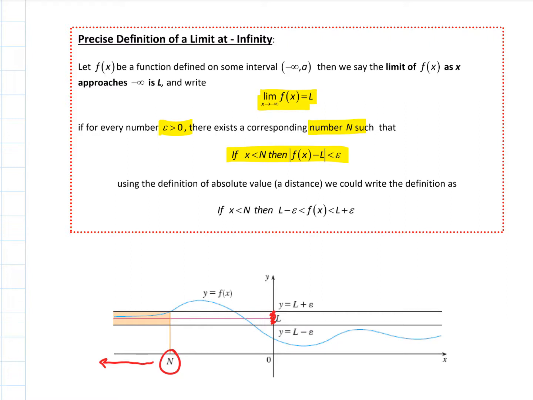If you shrink epsilon down, that simply means you're going to probably push n further out so that this neighborhood gets even more restrictive. Okay? And that is the way we precisely define limits at infinity and negative infinity.